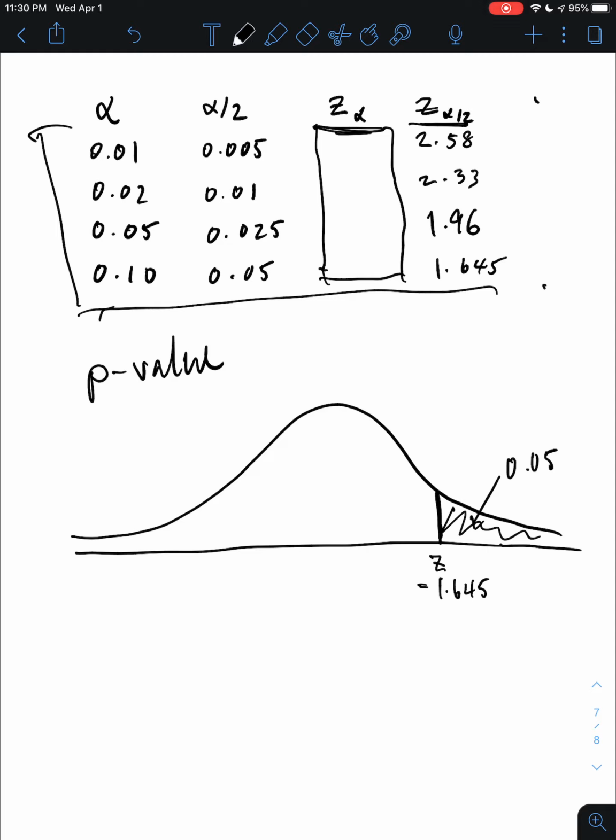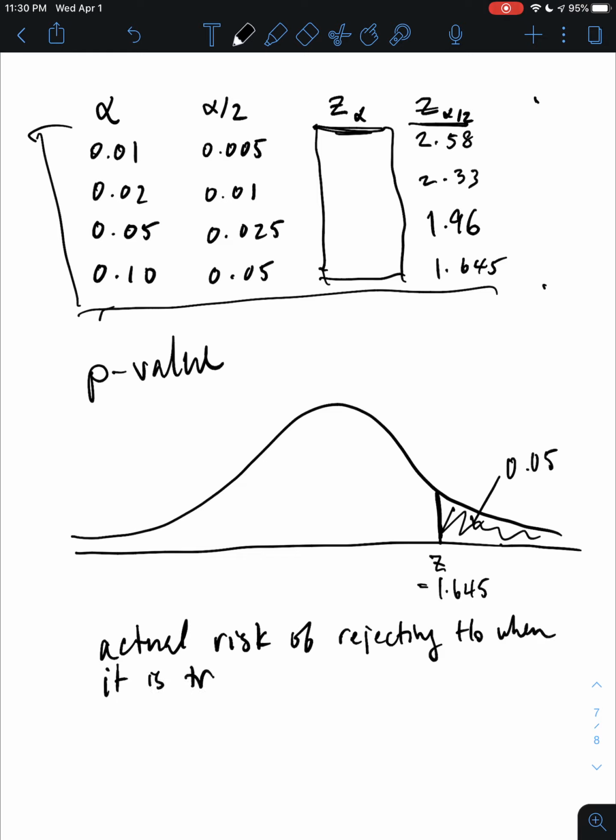And it has a very specific meaning. It is the actual risk of rejecting, right.